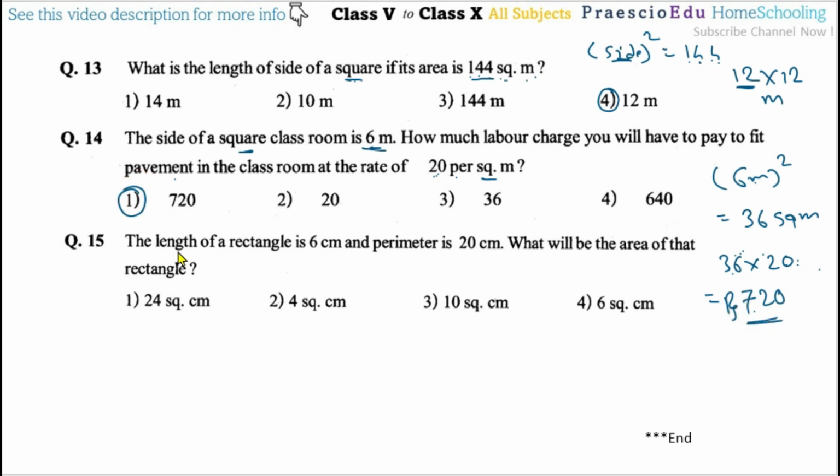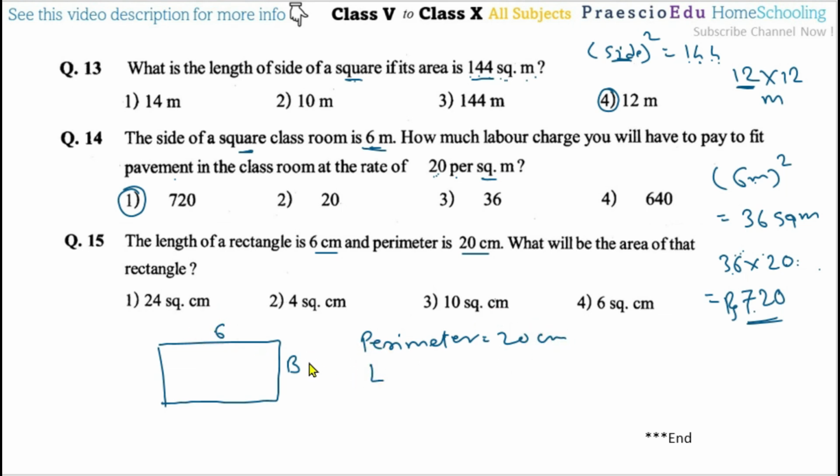Now question number 15: the length of a rectangle is 6 centimeter and the perimeter is 20 centimeter. What will be the area of that rectangle? First of all we have to calculate the breadth. The perimeter is 20 centimeter. Perimeter means length plus breadth, multiplied by 2. So 2L plus 2B is equal to 20.